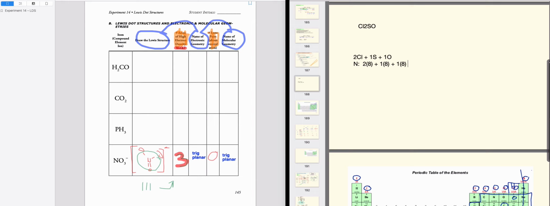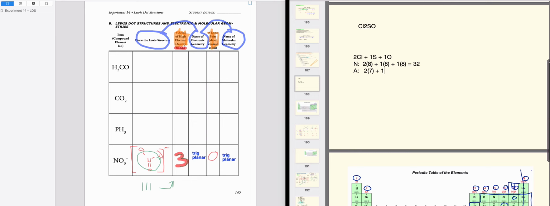Okay, for a total of, what do we got? 4 times 8, if I'm doing that right, 32. Okay, how about available? Each of my chlorines, they're in group 17, so they're going to bring 7 to the party.